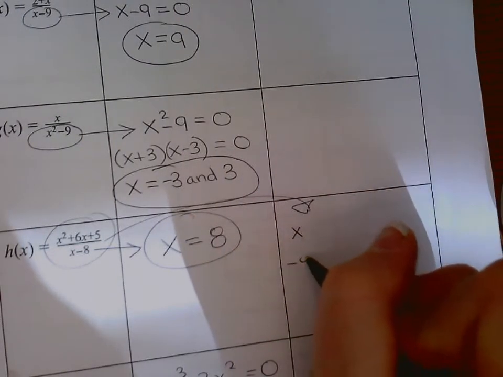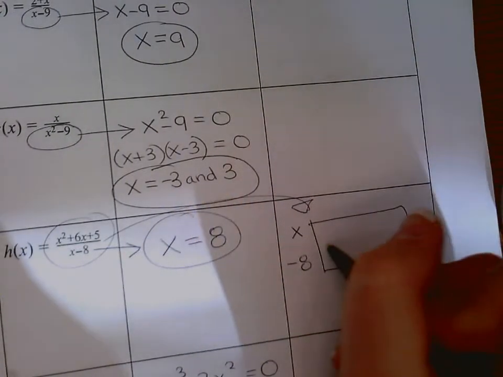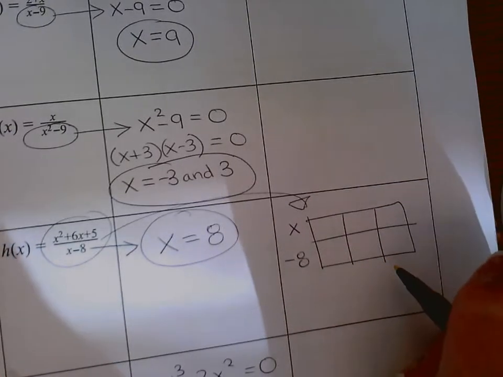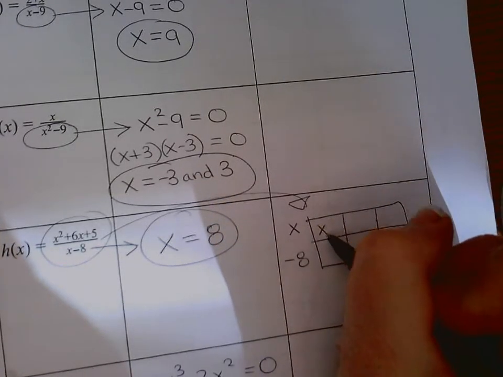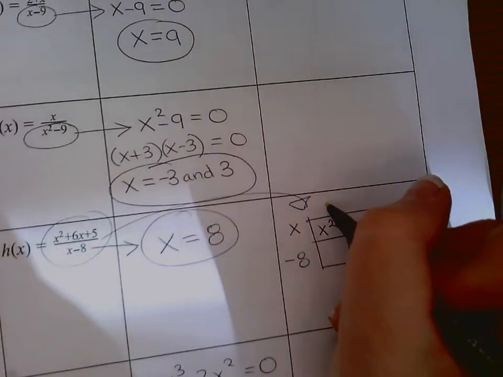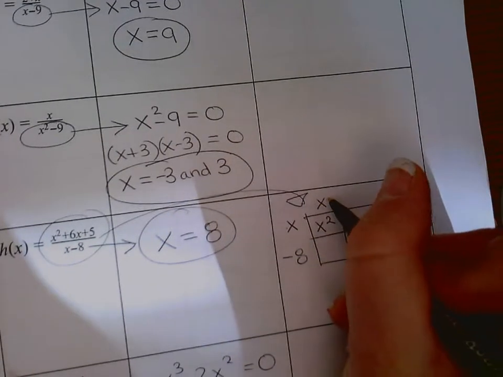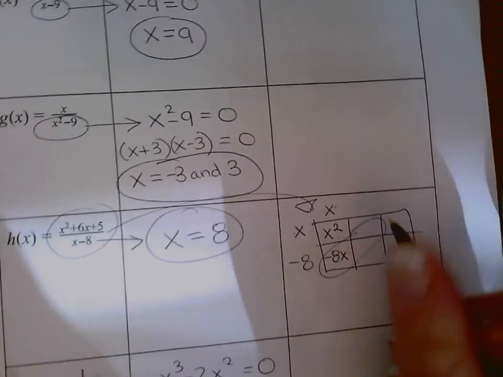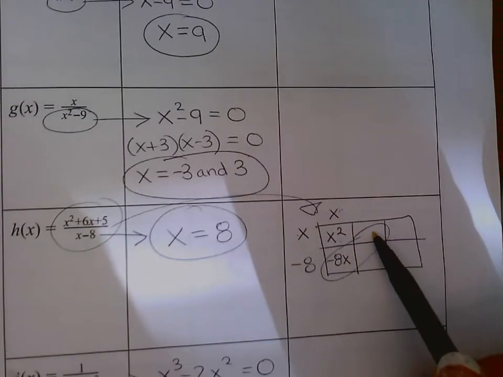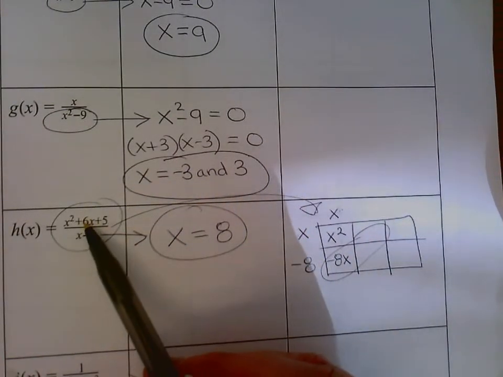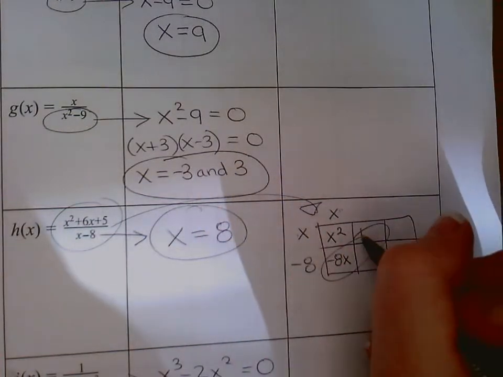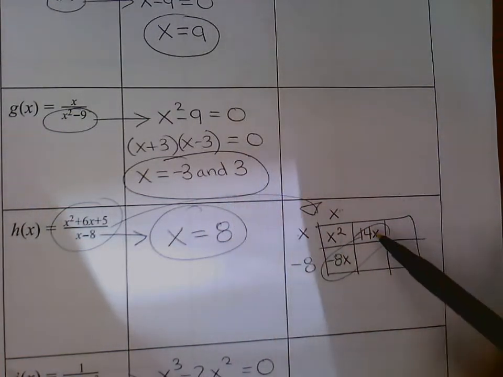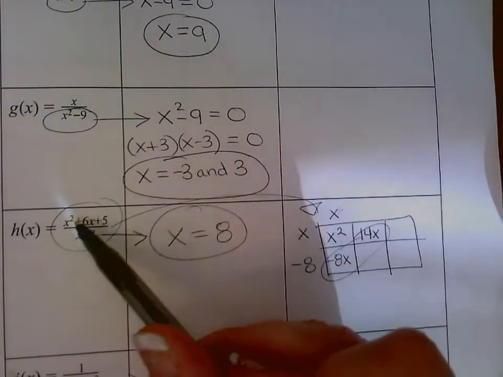x minus 8 going into, let's see, x squared. So I do x times x is x squared. x times -8 is -8x. So what does this box have to be? This has to be positive 6x. So I need to add 14x so that 14 minus 8 gives me 6.